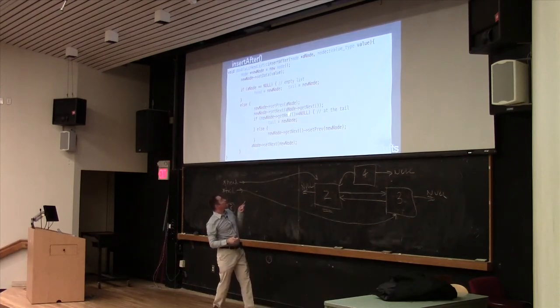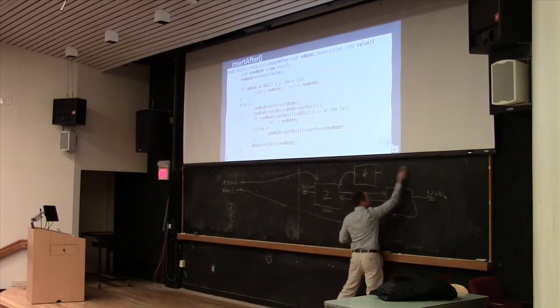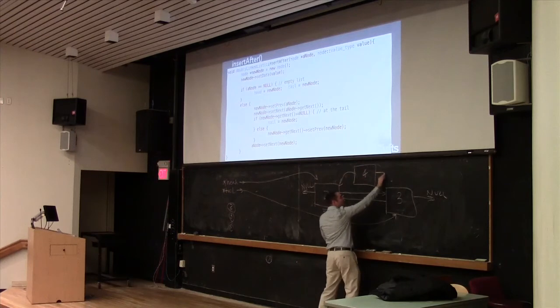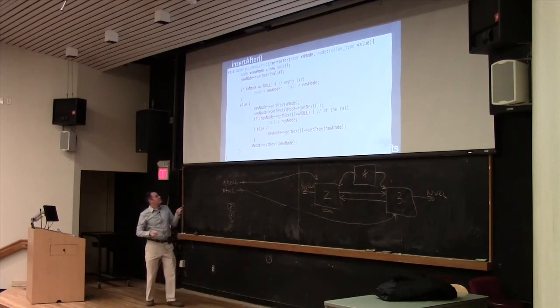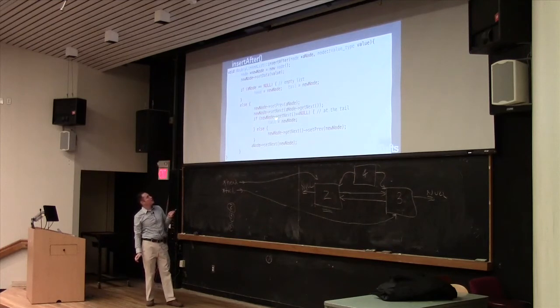Set the next equal to what the previous one was pointing to next. Right? So what this one's pointing to needs to be what this one now gets pointed to. Here. That. OK. All right.